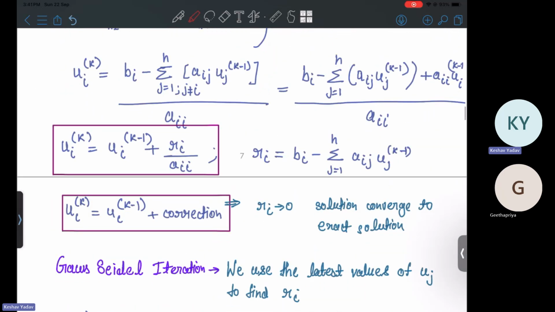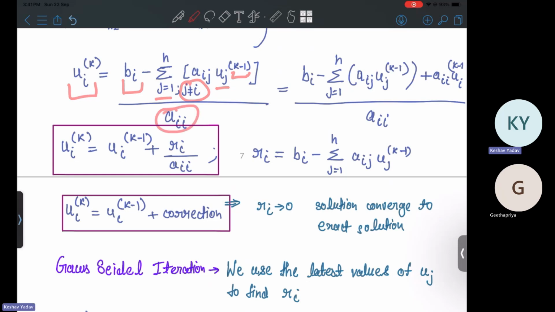So in general, we can write ui at the kth iteration as bi minus the sum over j from 1 to n, j not equal to i, of aij uj at the k minus 1th iteration, divided by aii. Okay, this can be written like that.